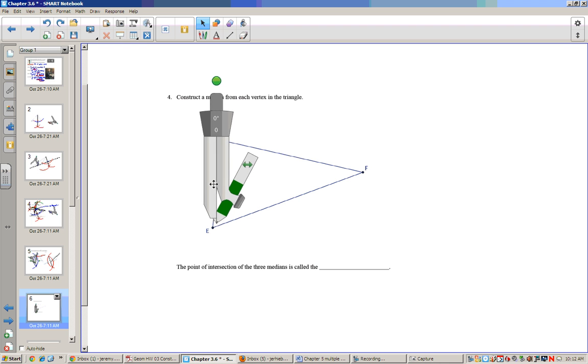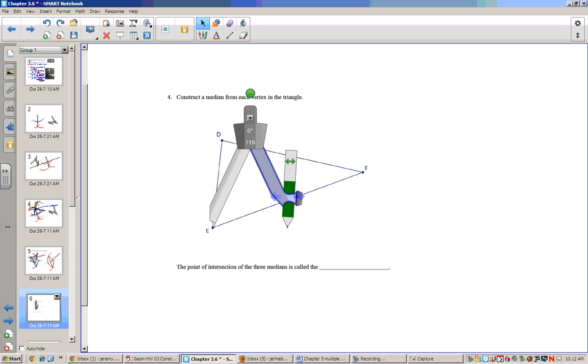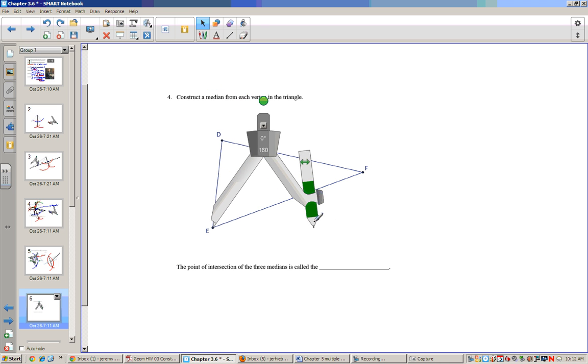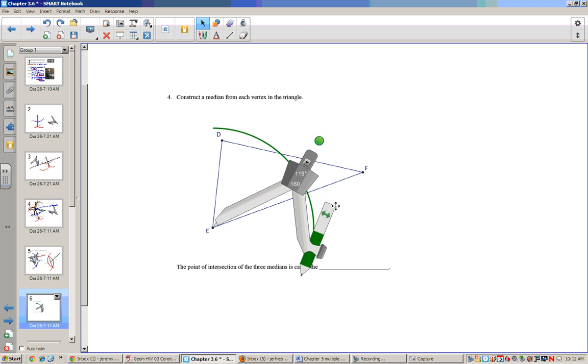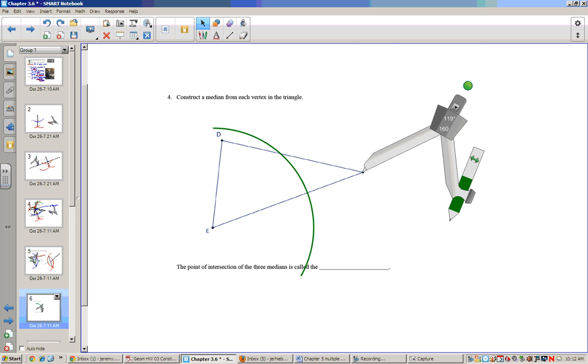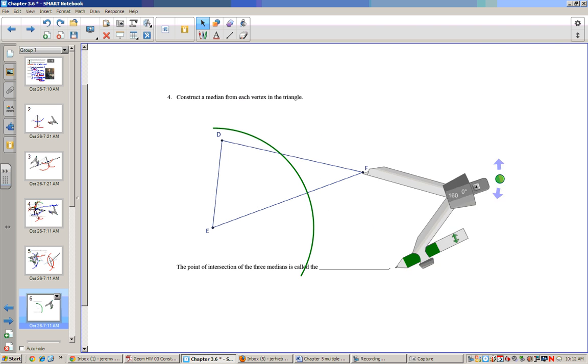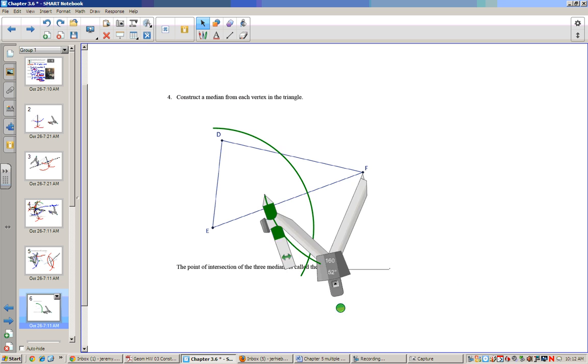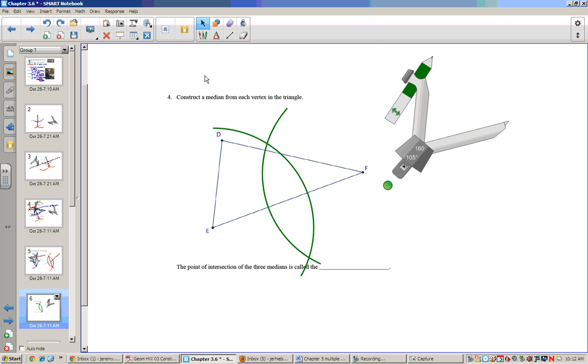Now this should be good. From E, I'm going to make an arc. From F, I'm going to make an arc. Those are going to cross between here and here at this point. And now we're going to draw a median from D to that point.